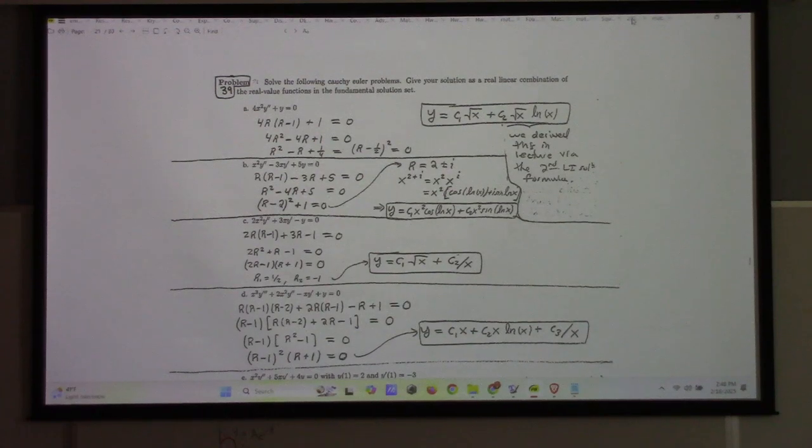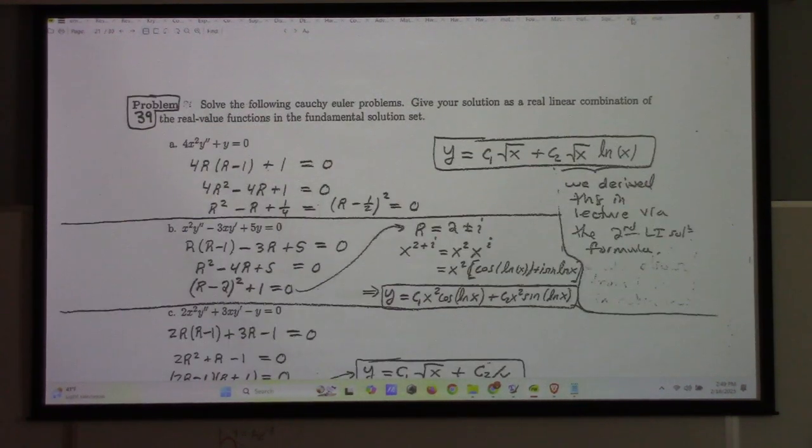So these back here, these are the Cauchy-Euler problems. Do you guys have any questions about these? They're relatively straightforward. Basically, you just plug y equals x to the r into it, and every time you differentiate, it's basically power rule. Y double prime gives us r times r minus 1.